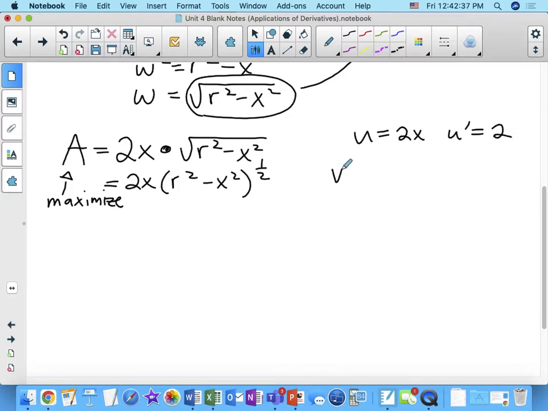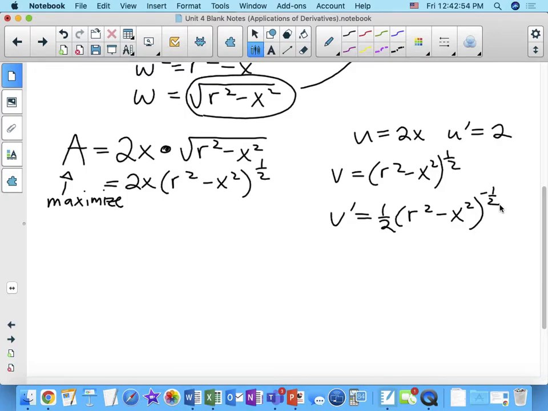And then my v is r squared minus x squared to the 1/2. So my v prime is 1/2 times r squared minus x squared to the negative 1/2. And then I have to use the chain rule, take the derivative of whatever's inside here, which is negative 2x.